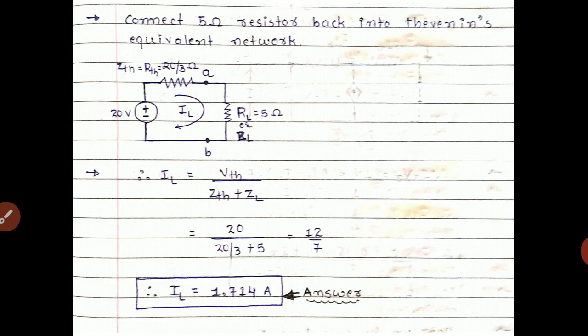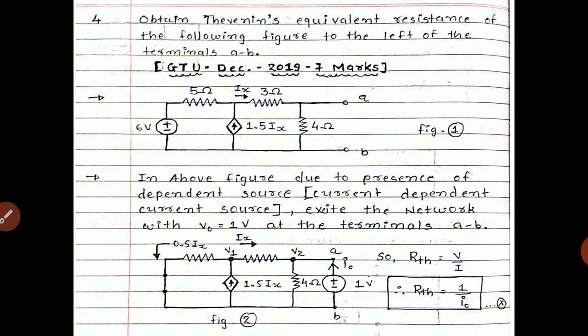Now friends, we see another example of a different configuration, that is example number 4. The question is: obtain Thevenin's equivalent resistance of the following figure to the left of the terminals AB.